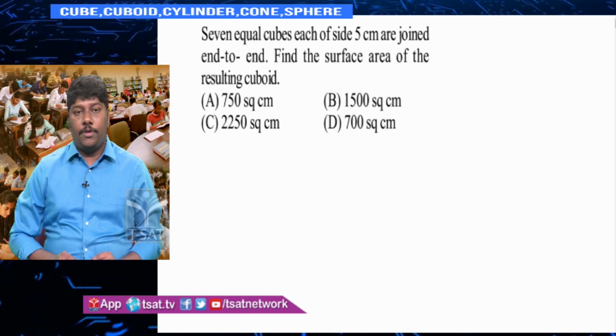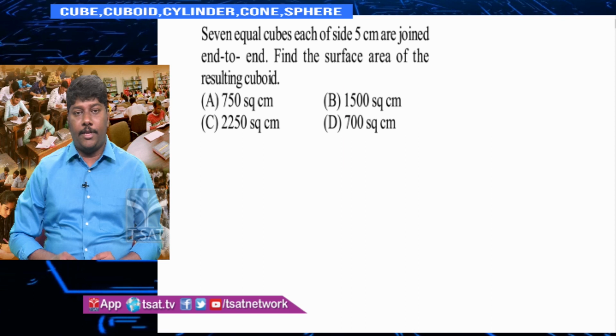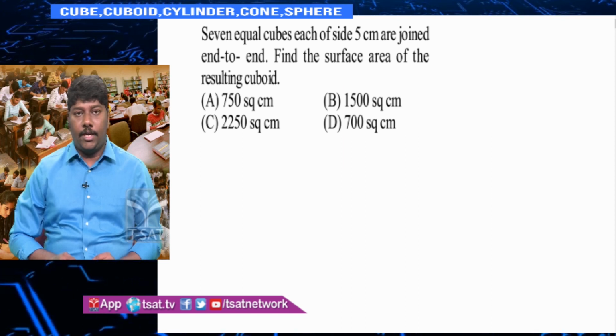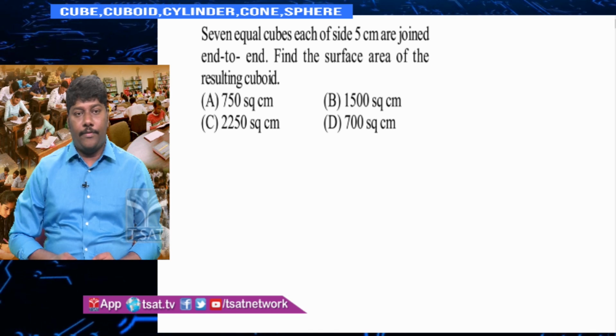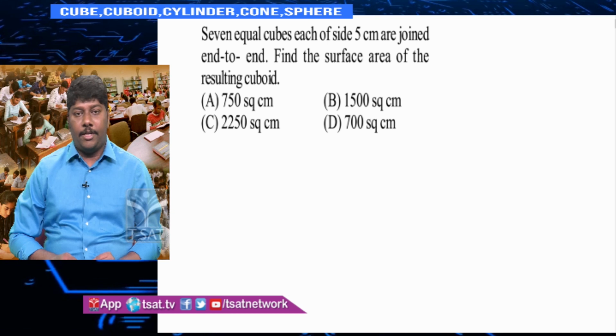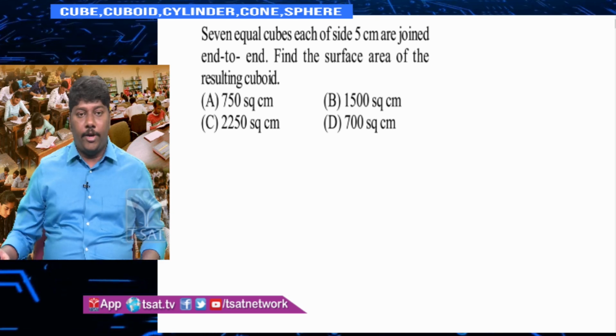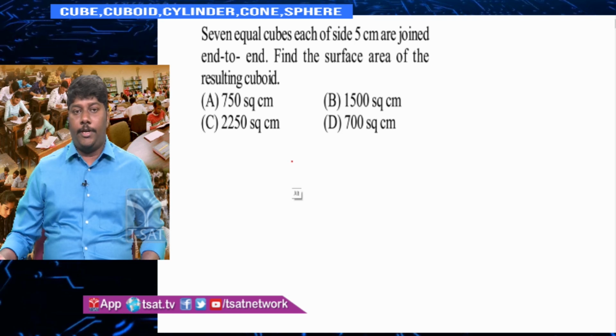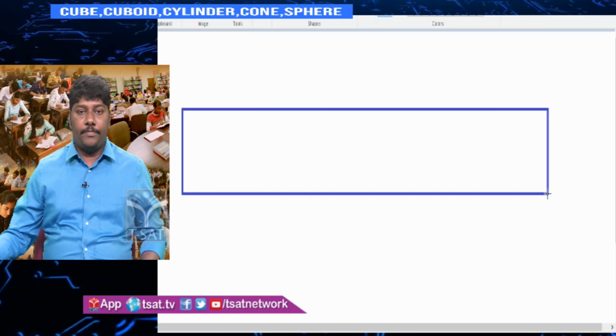Look at the next one. 7 equal cubes of each side 5 centimeter are joined end to end. Find the surface area of the resulting cuboid. If you add 7 cubes of side 5 centimeter end to end, it will form a cuboid. He is asking you to find the surface area of the resulting cuboid. See how it actually looks.